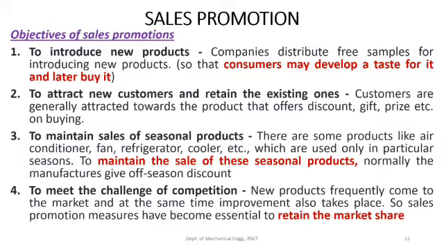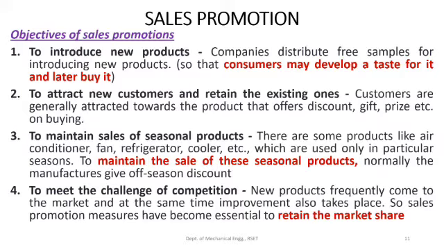Certain kinds of products have demands that are seasonal in nature, and to maintain demand for the product throughout the whole year, these products are usually sold at off-season discounts so that the demand for the product remains more or less even throughout the year.